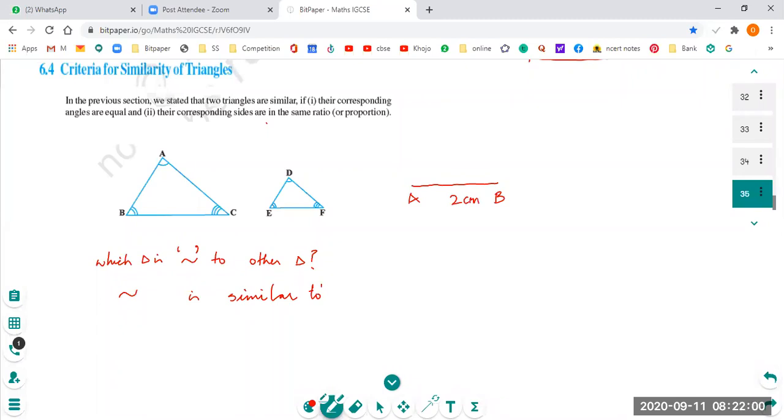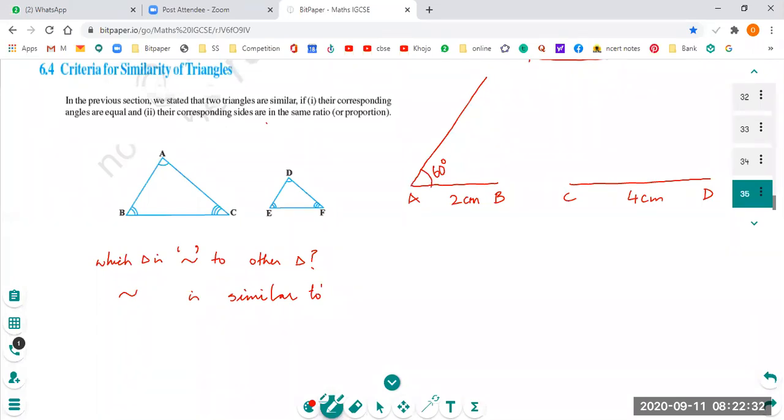Here you take CD, and with this compass and scale, let's say you take double of this, 4 centimeters. Now here, let's say you draw an angle of 60 degrees at vertex A with your compass, you know how to draw an angle of 60 degrees.